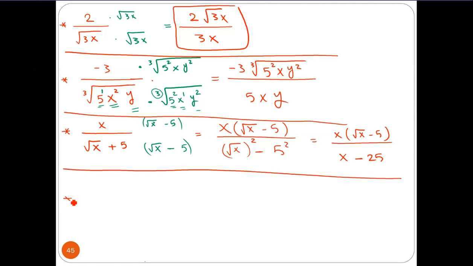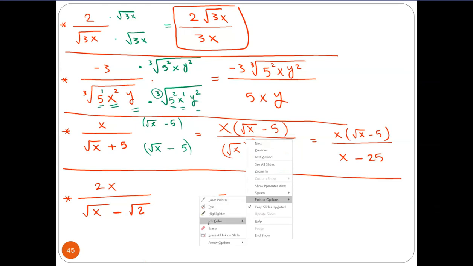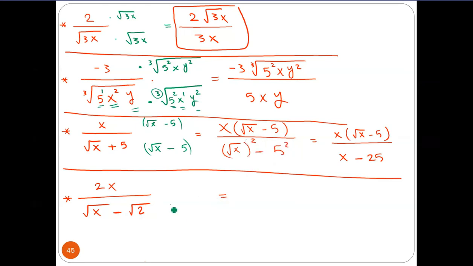Also sometimes we have two radicals. For example, 2x over radical x minus radical 2. What's the conjugate of this one? The conjugate is the same denominator, radical x and radical 2, but with the opposite sign. We have negative, so we put positive between them.